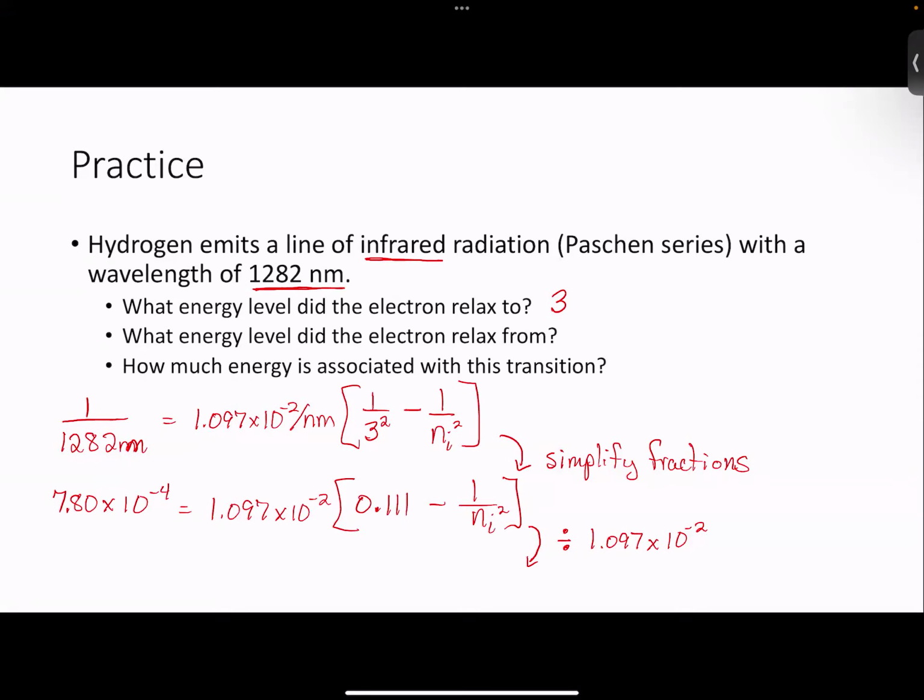When I do so, I get 0.0711 equals 0.111 minus 1 over n sub i squared.